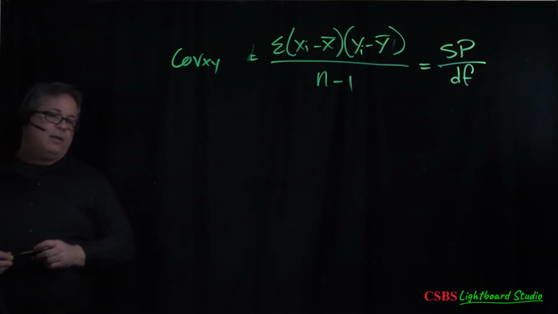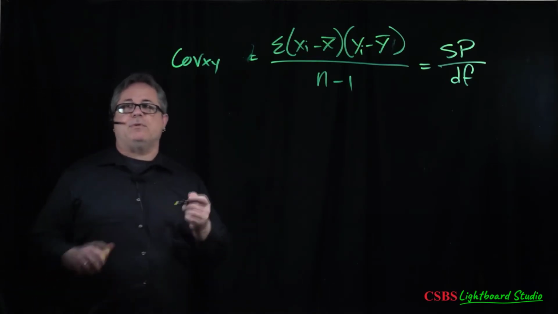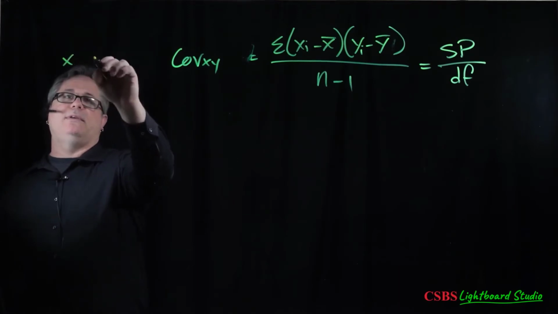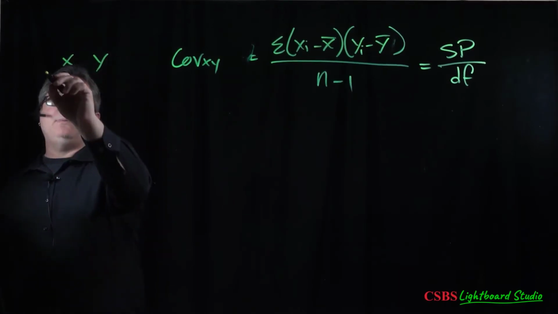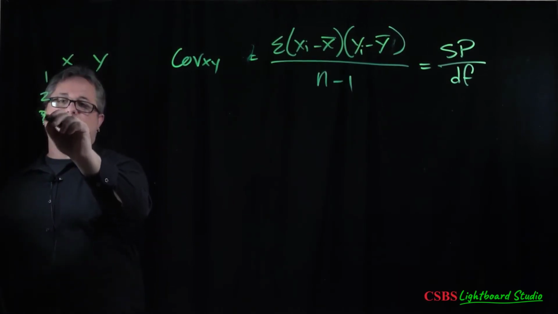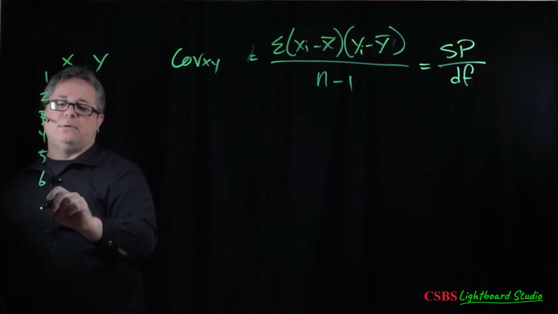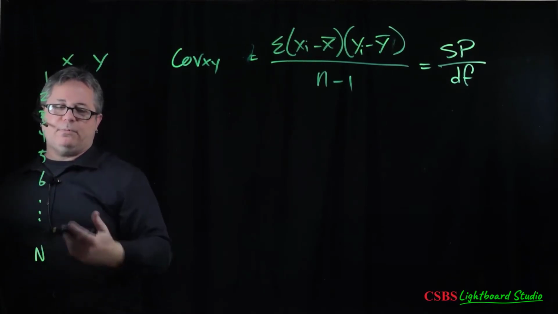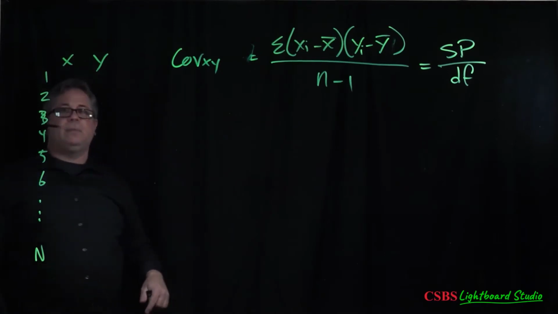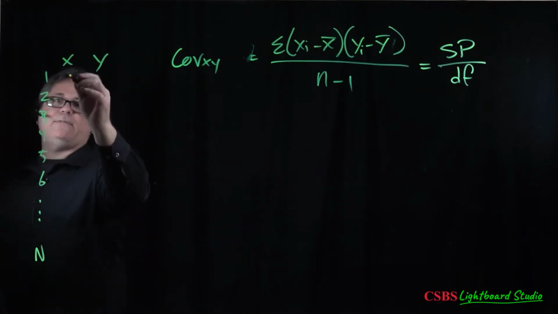All right. So we have two variables, x and y. And we've got a bunch of people: 1, 2, 3, all the way down to however many people you want, n people. And so every person has to have a score.